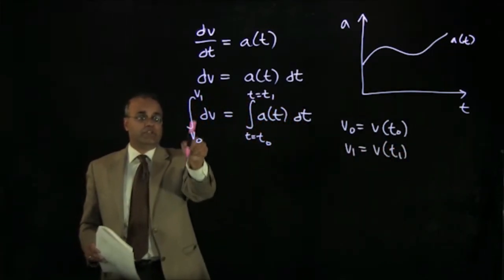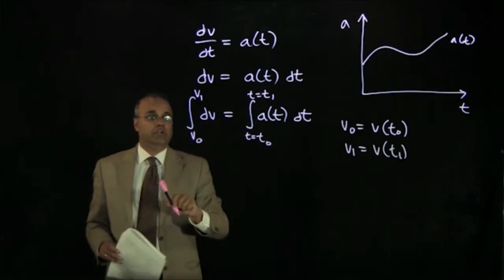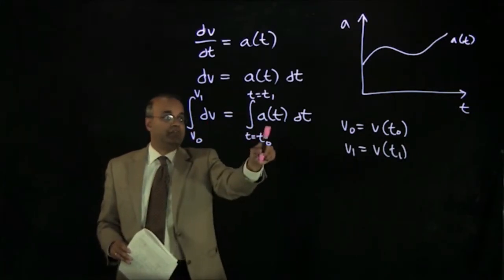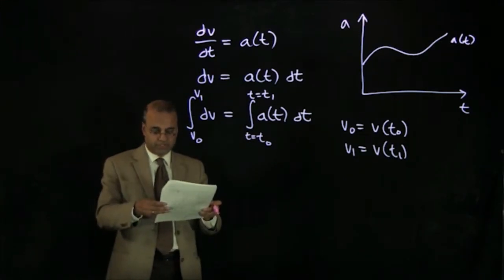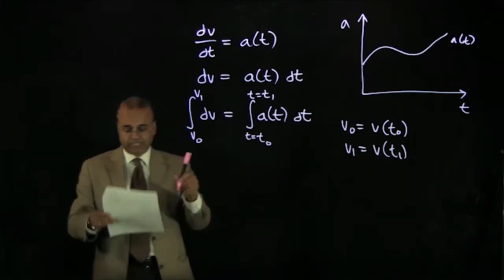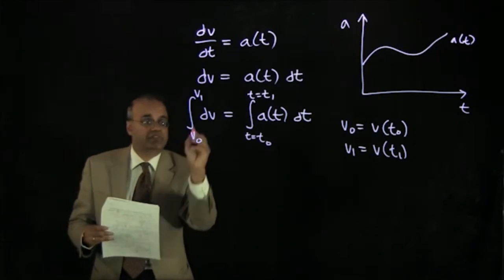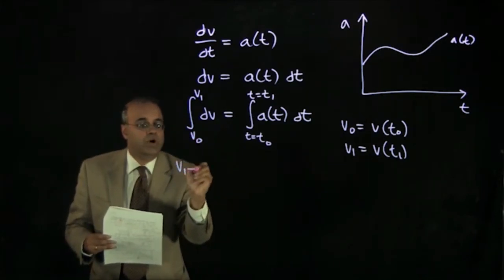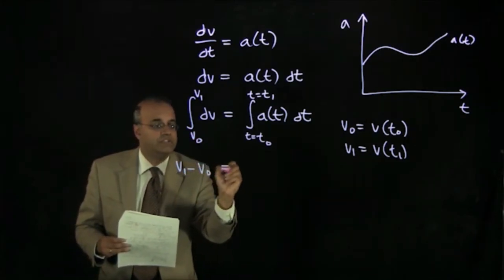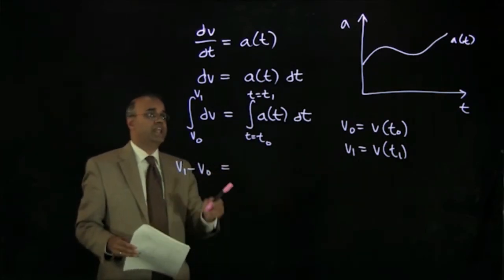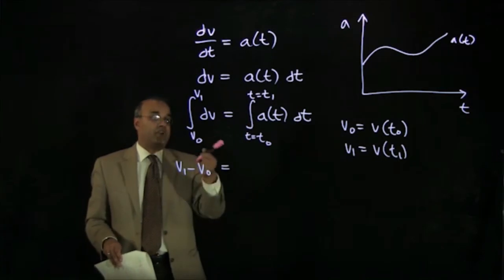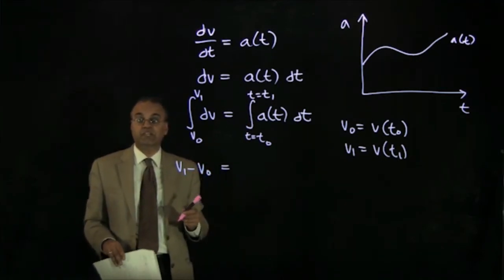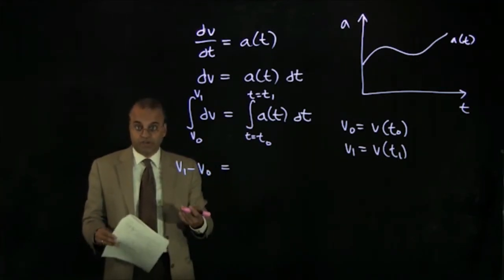So this is the integral of a constant over an interval of v. This is an integral of the acceleration over the time interval in t. And so the left-hand side, this is just v1 minus v naught. And the right-hand side, without specifying a of t, I can't actually evaluate this integral. I can't specify what the antiderivative of a of t is unless I tell you what the function a of t is.